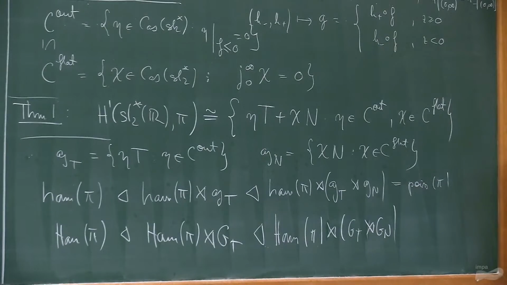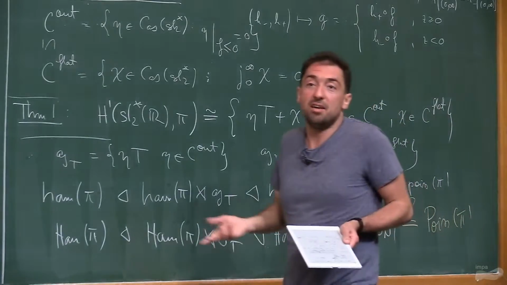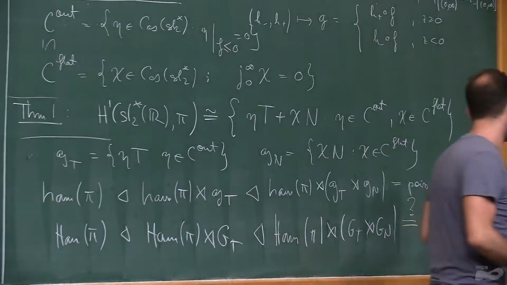Right? It would be very interesting to know if these are all Poisson vector fields, Poisson automorphisms of pi. This is something we don't really know. At the Lie algebra level, this happens. This is something we can prove.